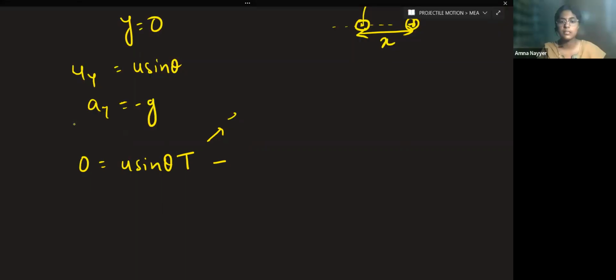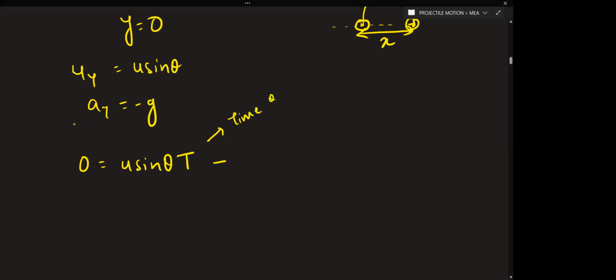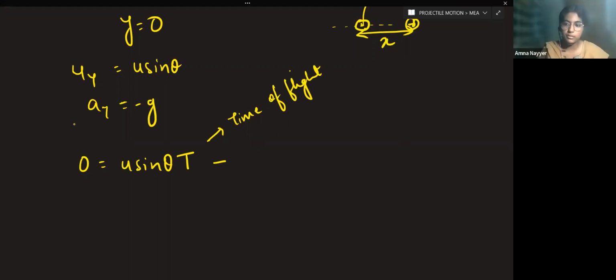Ma'am, will the velocity be 0 at maximum height or at any point of the ball? The velocity will be 0 at the maximum point, maximum height. And that too along only the y-axis. Remember, when we were doing motion under gravity, we had studied that at the highest point velocity is 0.